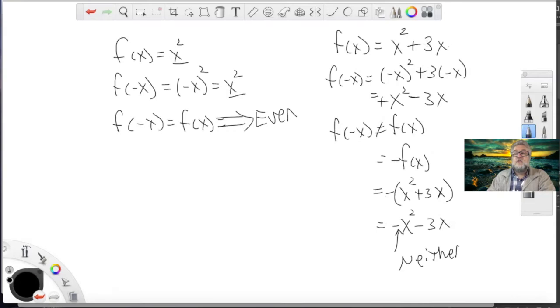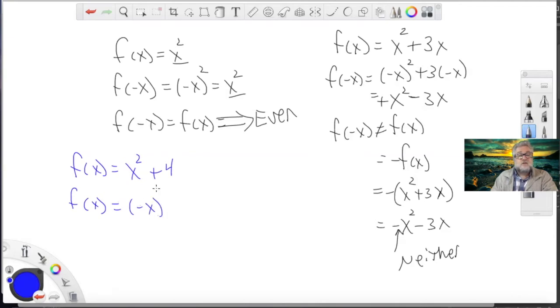Is it always neither when there's something else sitting next to x squared? Let's see. So let's try f of x equals x squared plus 4. Now we put in minus x. So that would be minus x squared plus 4. The negative signs will cancel.